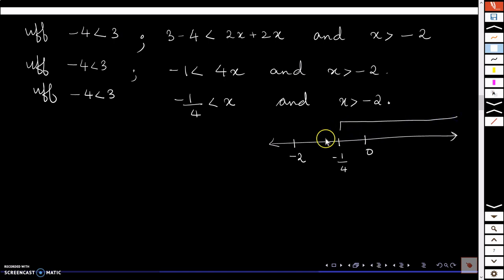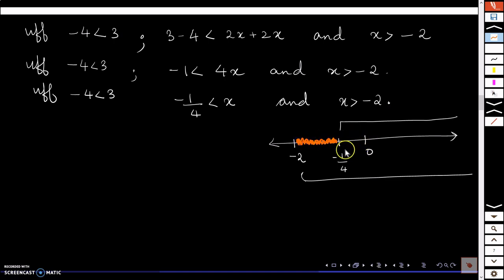But points which are bigger than minus 2 are these points here. And I need those points which are satisfying both the conditions. If you see the points here which I'm marking red, those points are satisfying only one condition, but they are not satisfying the second condition. So they won't come in my set A.